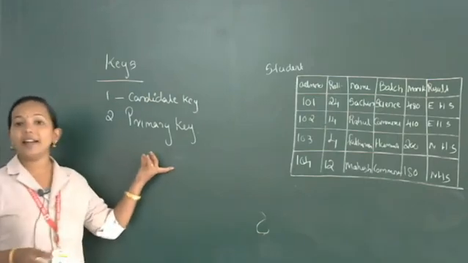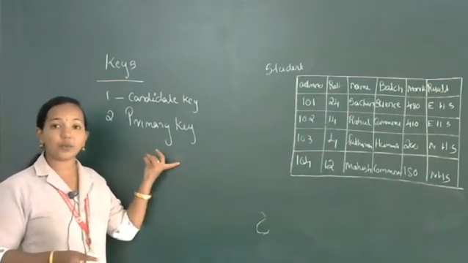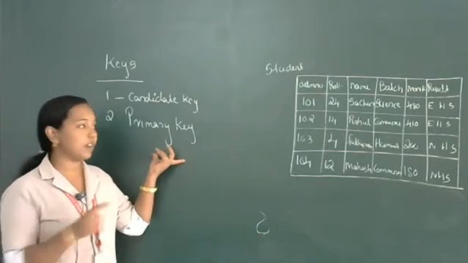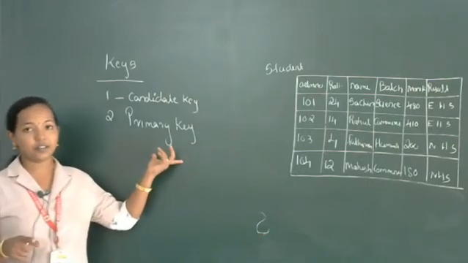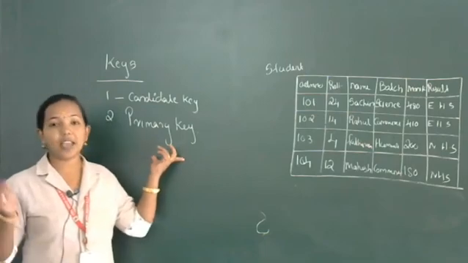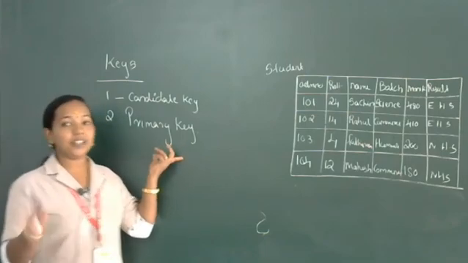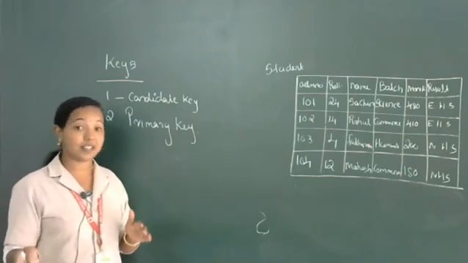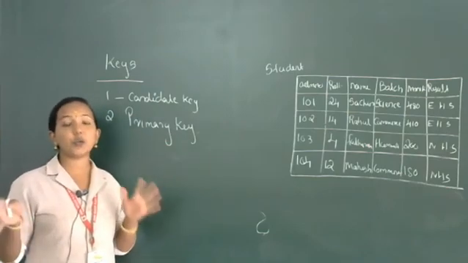To uniquely identify a row in a relation we use primary key. As a viva question this will come in your examination. What does primary key mean? You must give the exact definition, otherwise the examiner will reduce your mark, because all these definitions are similar. So you have to study all the definitions.